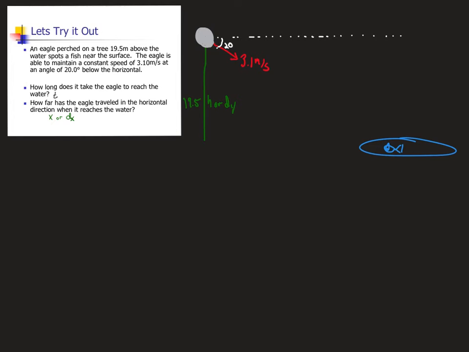To draw the triangle off to the side here, it's the same triangle, but I'm just drawing it off to the side. We're going to draw this a little bit different, and let's use different colors of red here to kind of help us out. That would be velocity in the x.